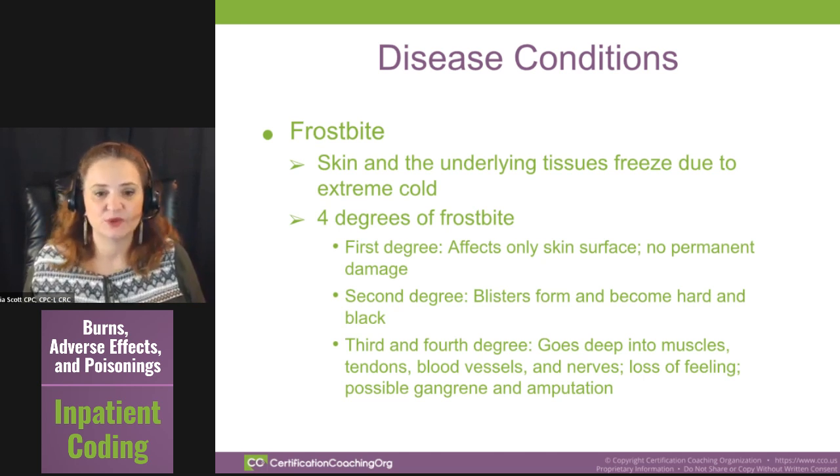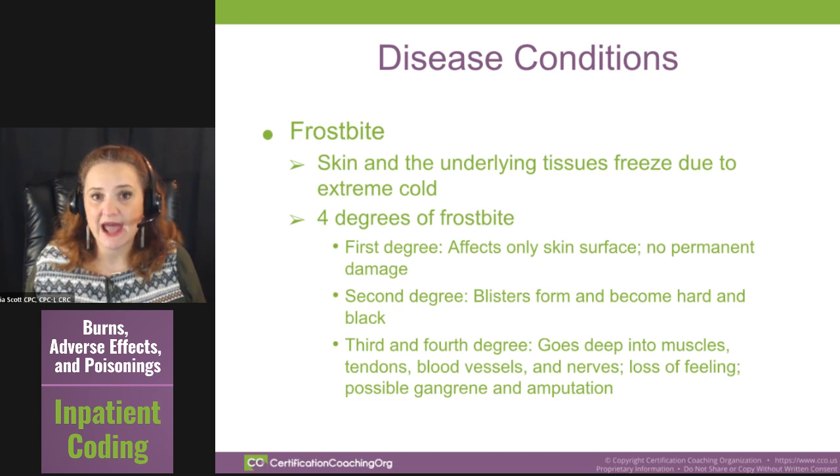Okay. 3rd and 4th degree goes deep, can go into the muscle, the tendons, and kill off the nerves. You usually, not always, but that tissue gets necrotic a lot of times, and it has to be debrided or cut out. You can get gangrene and amputations involved.